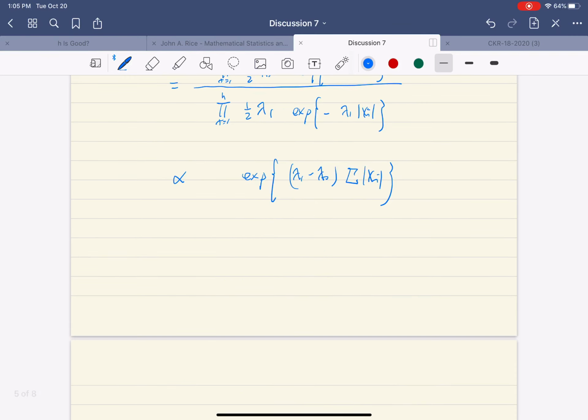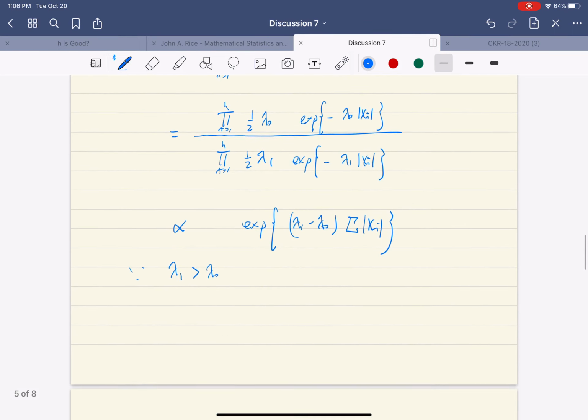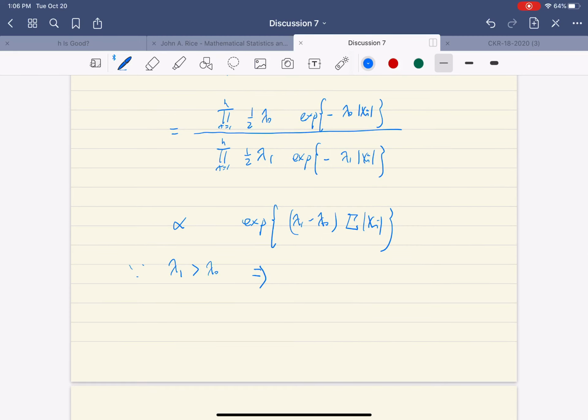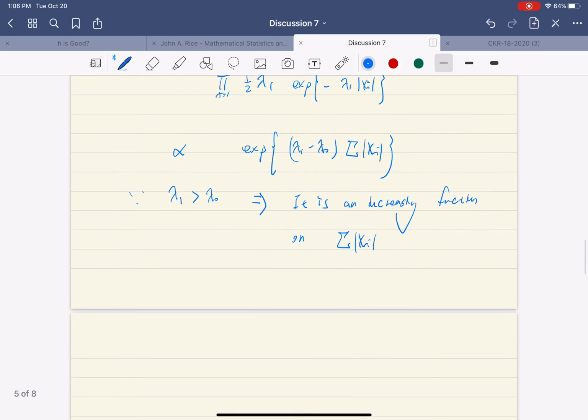And because lambda 1 is greater than lambda 0, that implies this is an increasing function of the summation of the absolute value of Si.